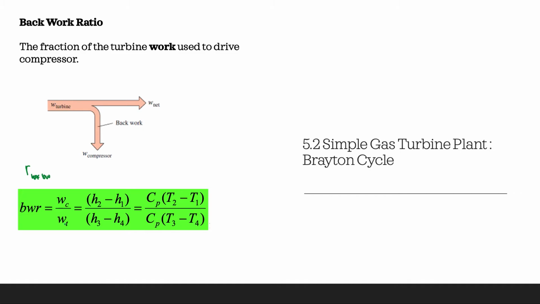Back work ratio is the ratio between the work of the compressor over the work of the turbine. The work of the compressor is H2 minus H1, which we can also write as Cp (T2 minus T1), over the work of the turbine. From the TS diagram or PV diagram, the work of the turbine is H3 minus H4, equal to Cp (T3 minus T4). And back work ratio is important for you to remember.